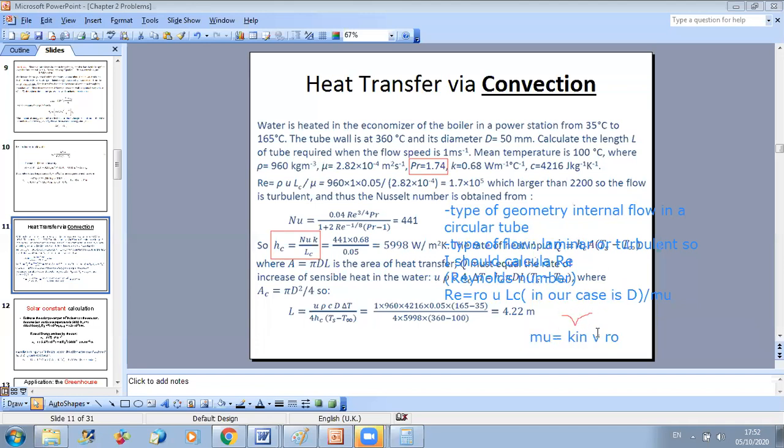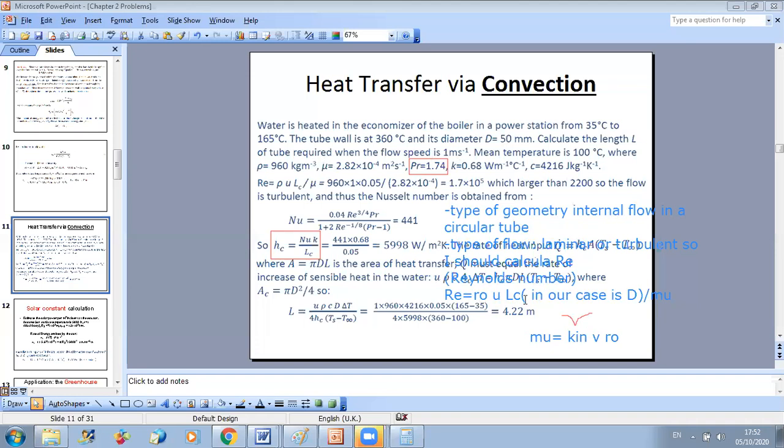Now we have everything. We have the density. We have the velocity of the flow, which is 1 meter per second. The characteristic length is the diameter here, which is 50 millimeter. Please don't forget to convert units.